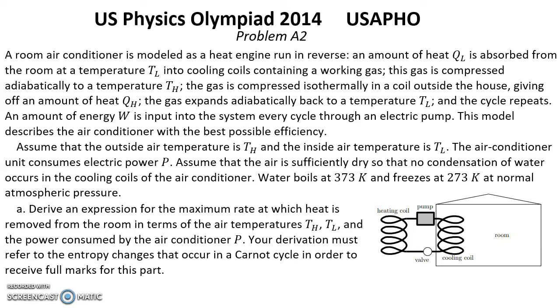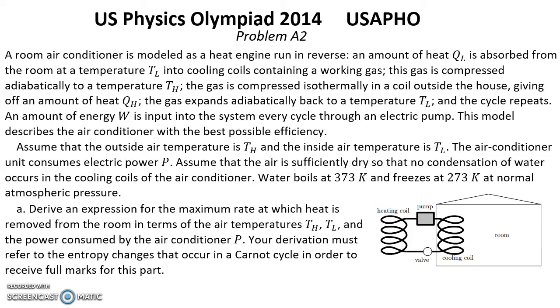This gas is compressed adiabatically to a temperature TH. The gas is compressed isothermally in a coil outside the house, giving off an amount of heat QH. The gas expands adiabatically back to a temperature TL, and the cycle repeats.